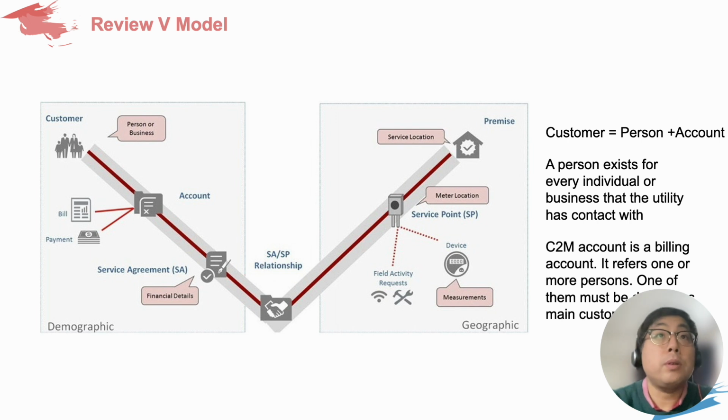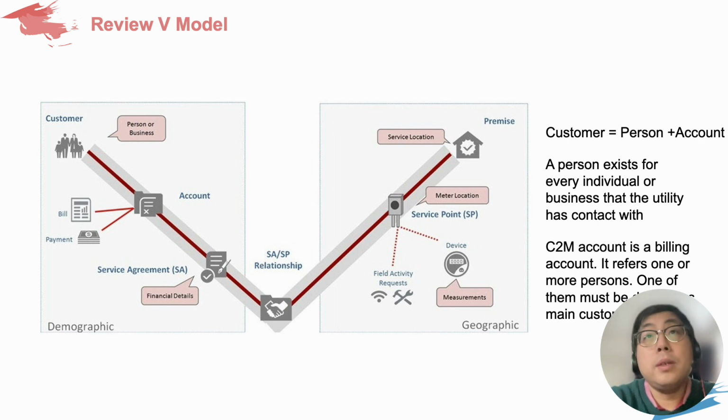Okay, so this picture, probably you have seen that before. It's linking up from customer, which is a person object, and business account, which is normally dealing with the bills, payments, and service agreement, and linking up to the service point and the premise.